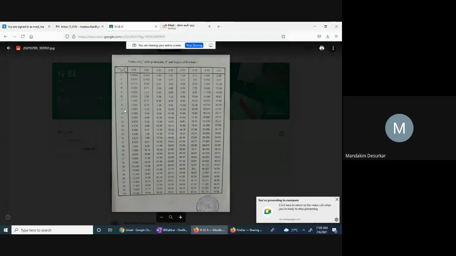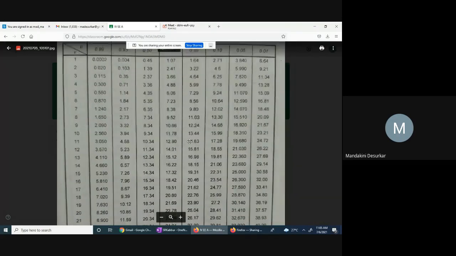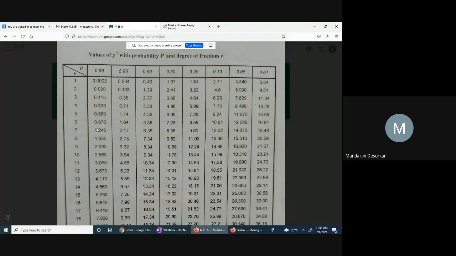It is the same thing as we have done for your t-test. If the degree of freedom is 4 and I need to find chi-square of 0.05, in the fourth row, go for the 0.05 column, you will find 9.490.